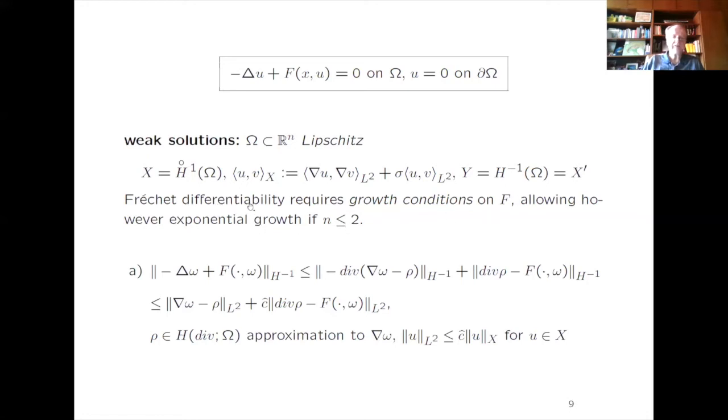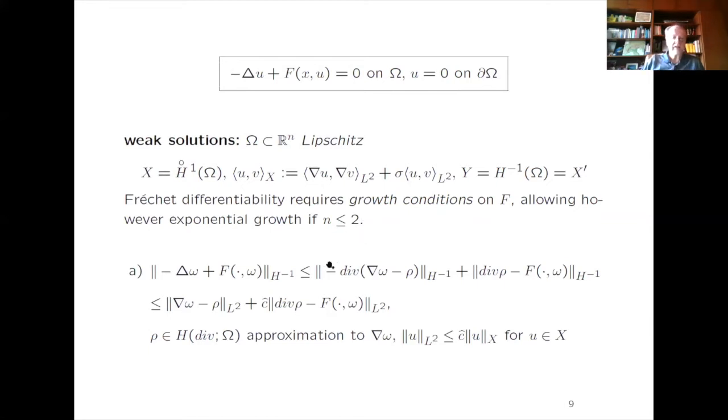Now the Fréchet differentiability of our nonlinearity F requires some growth conditions on F, which I don't mention here in detail. The only thing I want to mention is that if n is less than or equal to 2, so if we have an ODE or a two-dimensional PDE, then this still allows exponential growth. So this is still rather general.